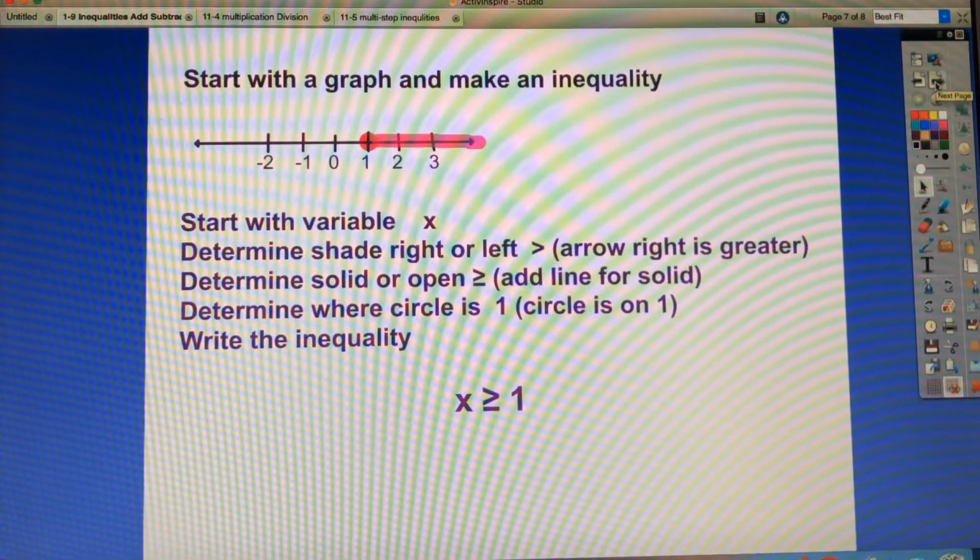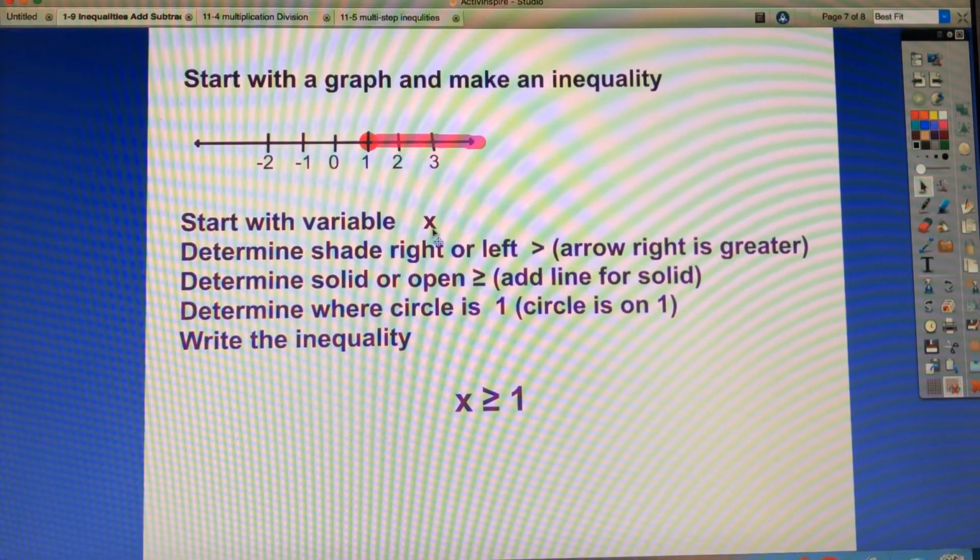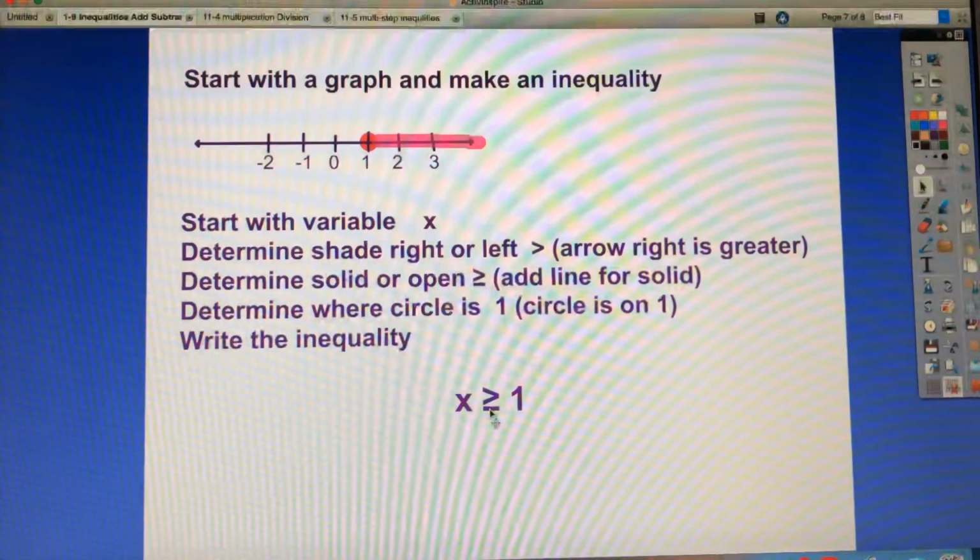What if I go backwards and I start with a graph and I need to create the inequality? You always start with the variable. So you start with x. So you come down and you just write x. Determine, did it shade to the right or the left? It shaded to the right, greater than. Was it a solid or open circle? If it was an open circle, you're done with that step.